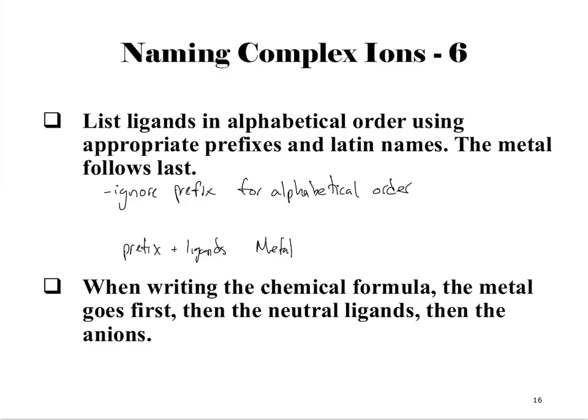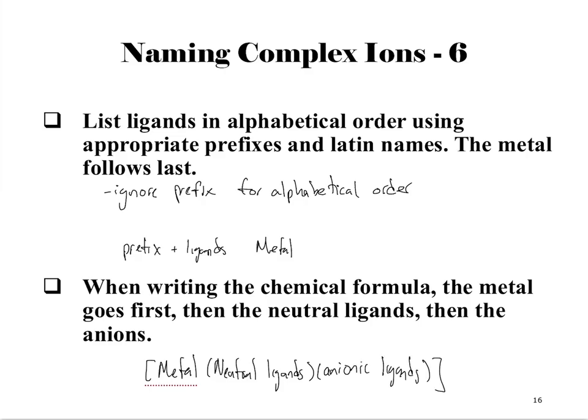And then when we're writing the chemical formula, we just do it in the opposite order. The metal goes first, then the neutral ligands, and then the anionic ligands, right?